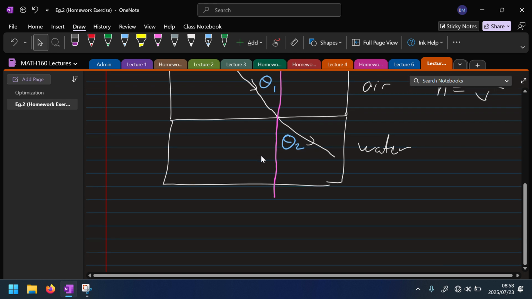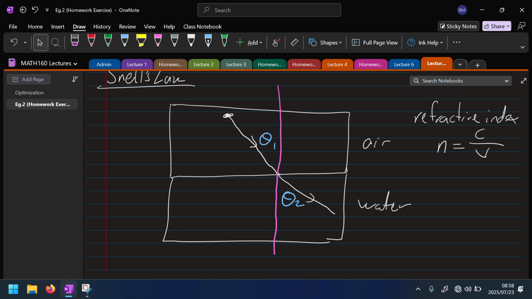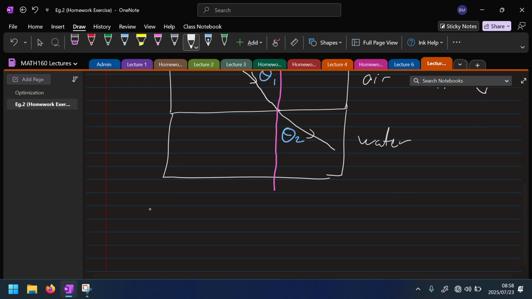Now, what Snell's law says is that this top part, that air part, that angle there, is related to the bottom part with that angle theta 2 by this equation. So n1 sine theta 1 is equal to n2 sine theta 2. Okay.